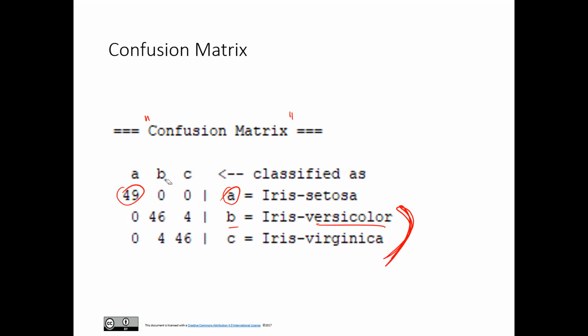Now, if we look at the next one, out of virginica, which is C, out of 50 that were C for virginica, only 46 were correctly classified as C. That means that we had 4 misclassifications. So 4 that were supposed to be C were actually classified as B. And so there was an error there, and that is a problem. Is that clear for everyone, guys? Are there any questions?